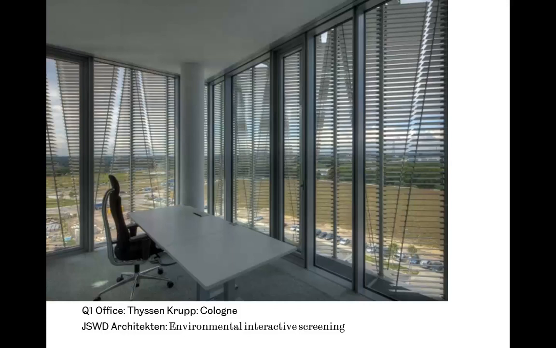And this is, I think, really important, that whenever you're shading or providing screening, you need to consider the impact on the interior space. And I think what this is showing is that even when that screening is closed, you're still getting very good views out of the building. Now, the difference, I'm using the terms shading and screening.